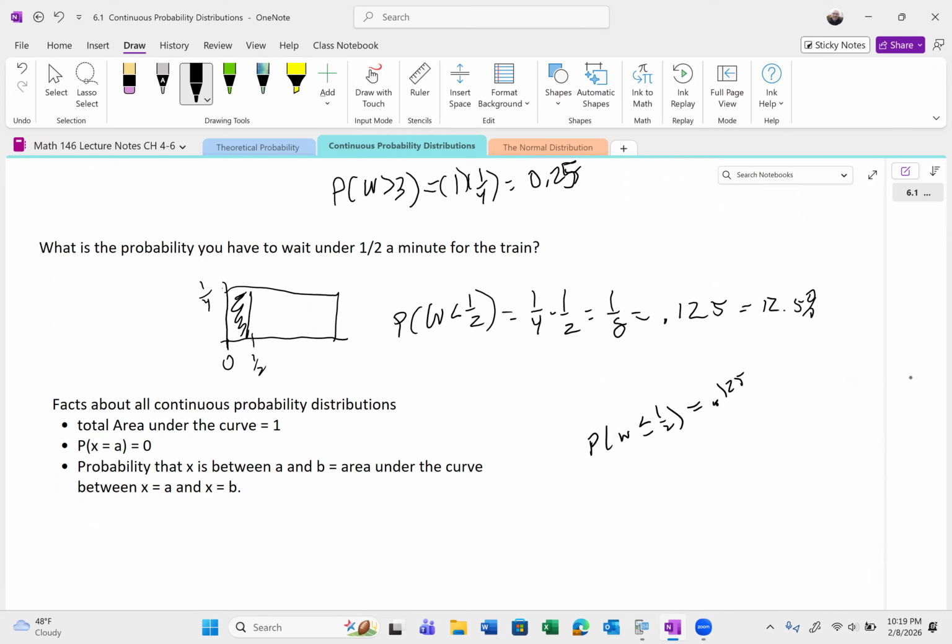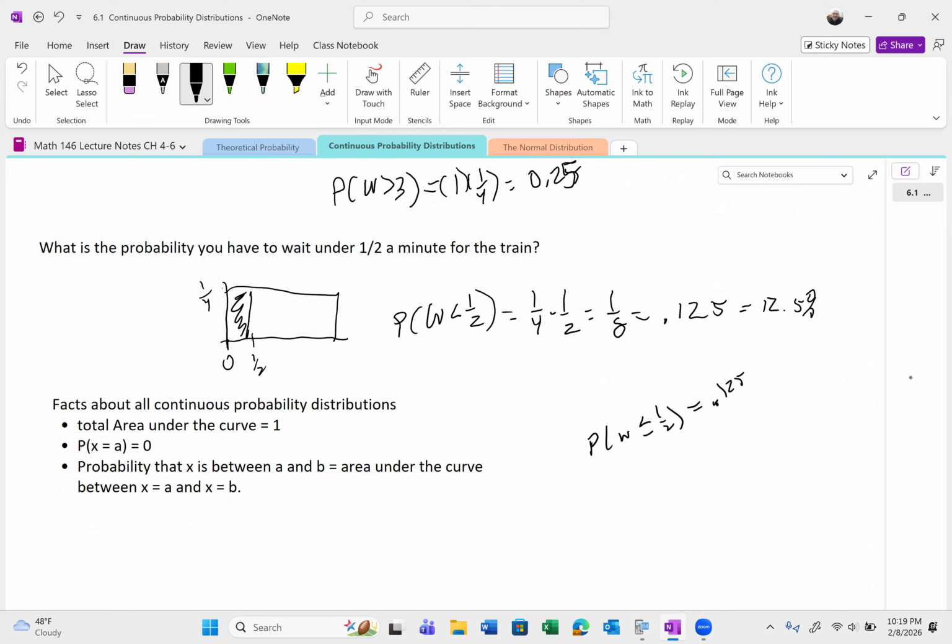It doesn't matter whether it's less than or equal to. The probability of the train arriving at exactly half a minute, exactly 30 seconds, is 0. There's no width to that interval.